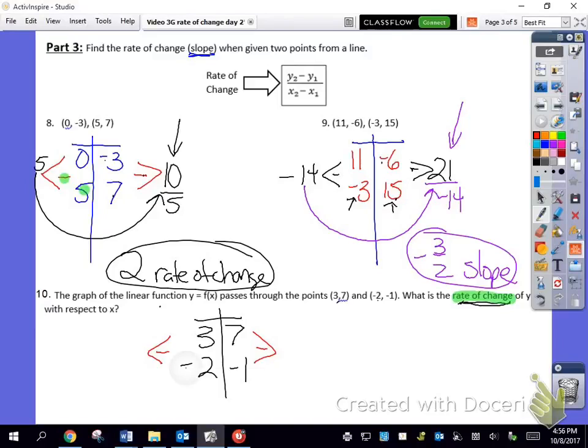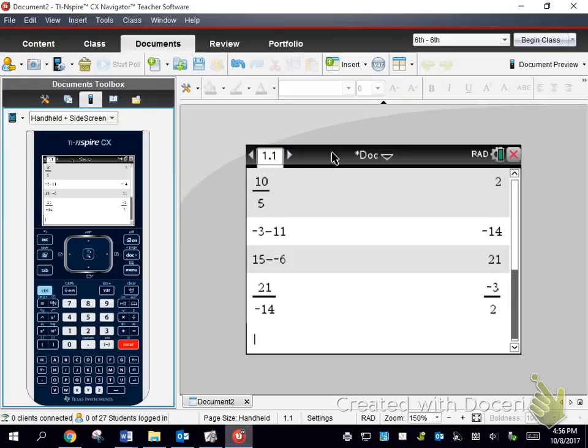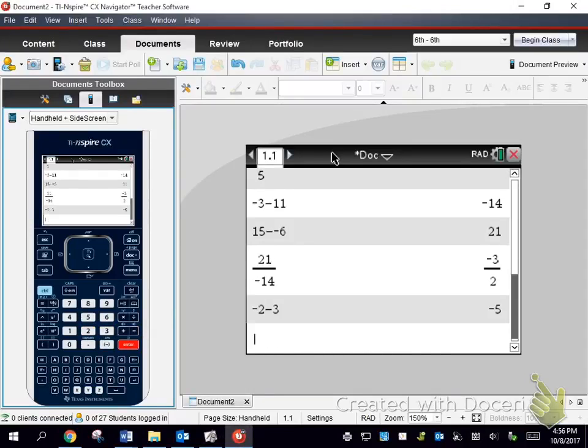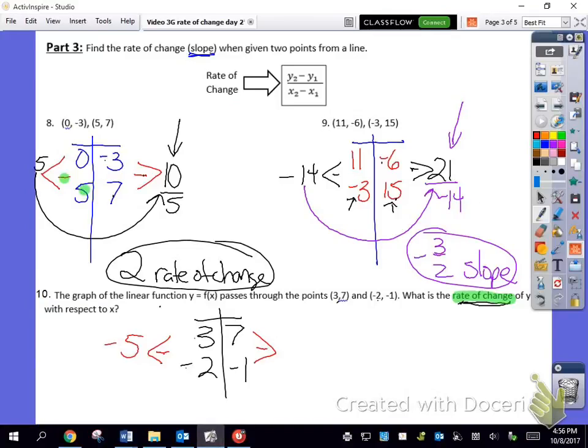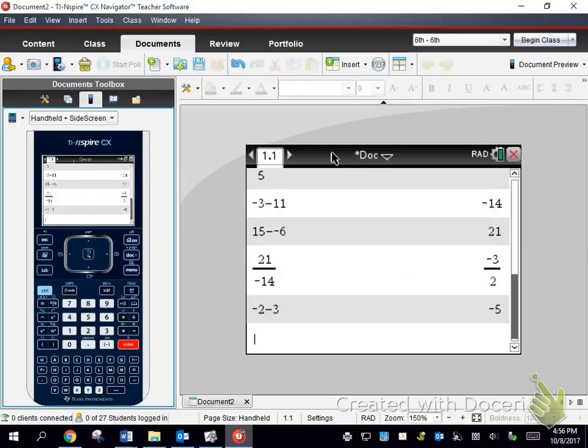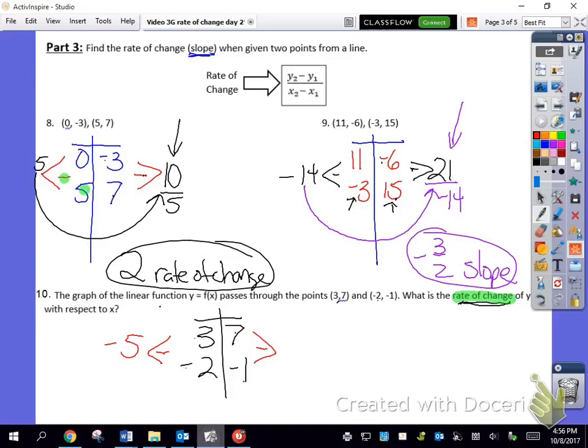So negative 2 minus 3. That's negative 5. On the other side, negative 1 minus 7. That's negative 8. Now swing it over.